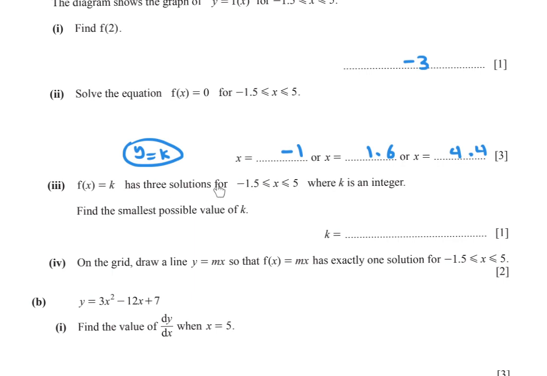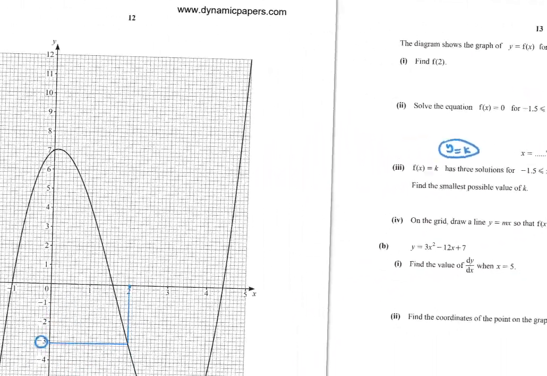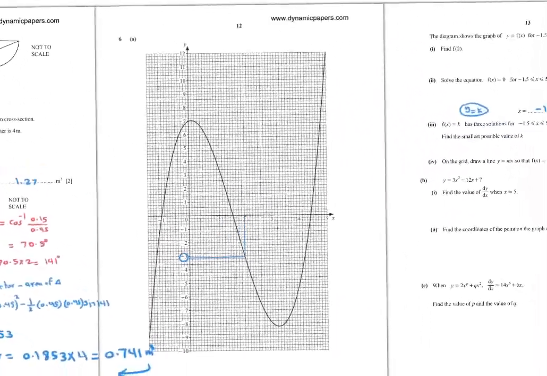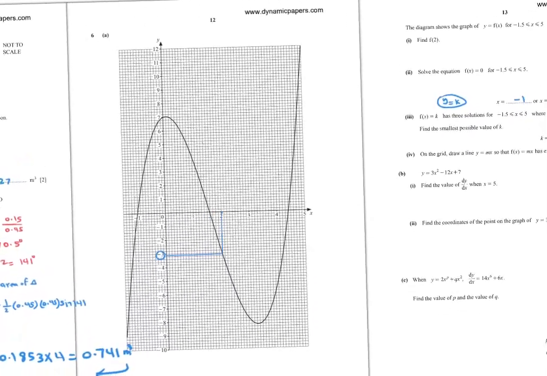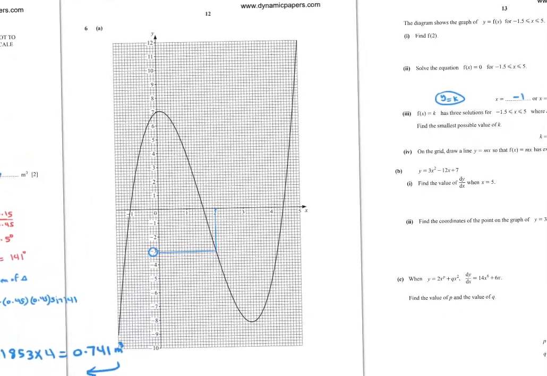Because we have three solutions, this line intersects the curve at 3 points. So we need to find the least value, or the smallest possible value, for k, such that k is an integer.